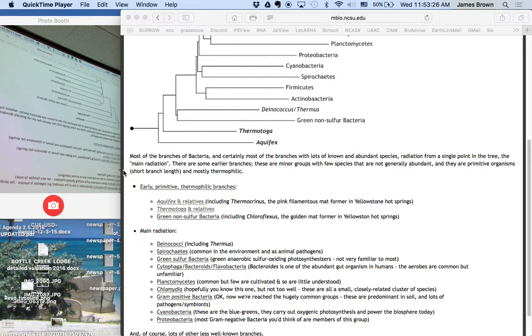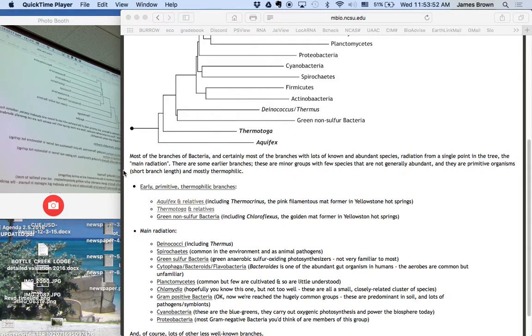The green sulfur bacteria, most people are unfamiliar with those. The so-called Sphingobacteria, or Cytophaga-Bacteroides-Flavobacterium group, these are really, really abundant creatures in the environment, but there aren't very many pathogens or industrially important organisms, so you won't hear much about them. The Planctomycetes, these are just too cool, they're beyond belief cool. We'll talk about those later.